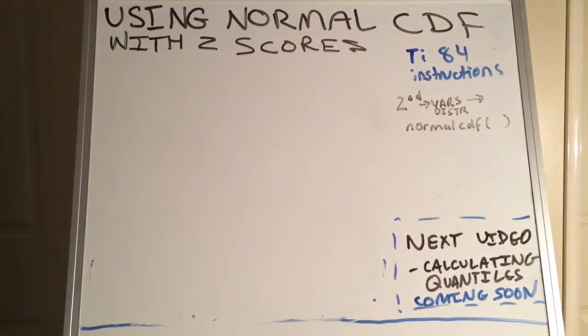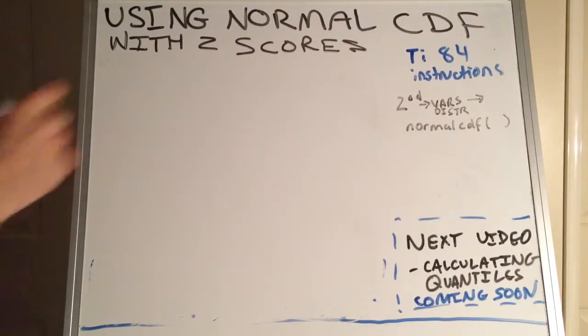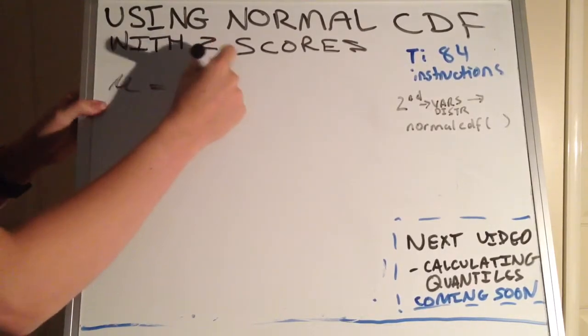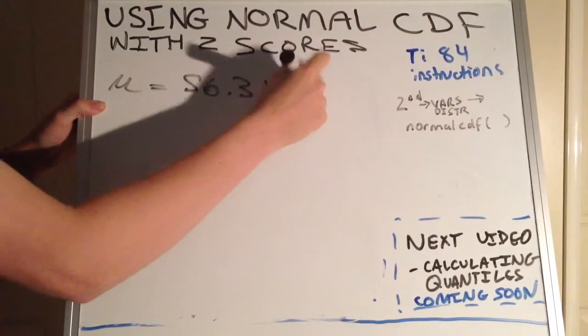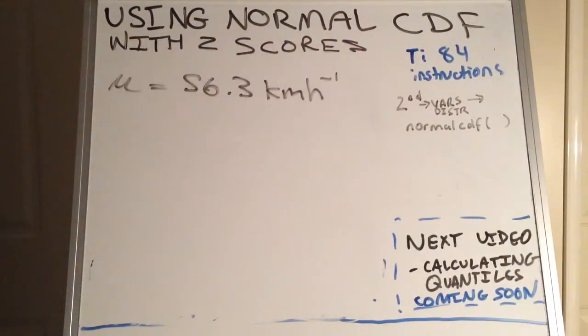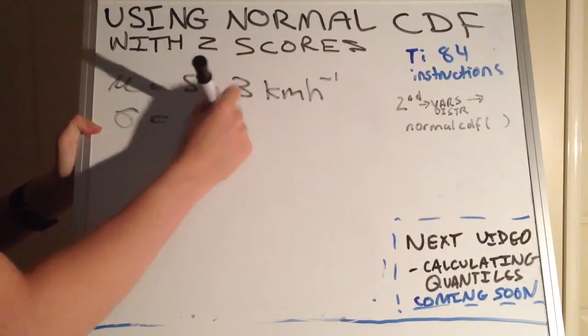But our first question says, the speed of cars passing a supermarket is normally distributed with a mean of 56.3 kilometers per hour. And it says that the standard deviation is 7.4 kilometers per hour.